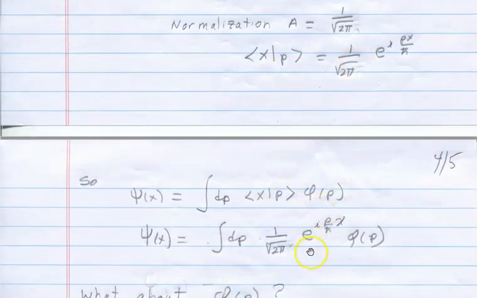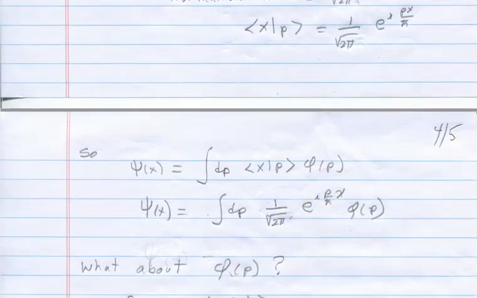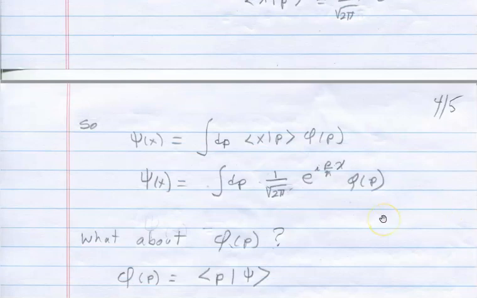Our solution up here just becomes this. And I get a relationship between the momentum wave function and the coordinate wave function. It's just this integration.